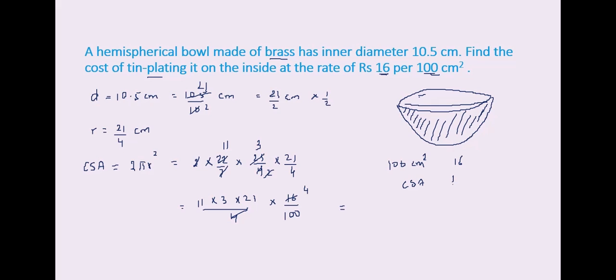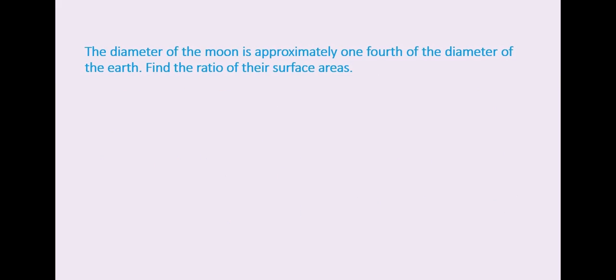So do the multiplication. 44 into 63, 63 into 44, that gives 252, 2772. So 2772 upon 100 gives us 27.72 rupees. Yes? So very simple sums these are. If you know the formulae, you will easily get the answers.